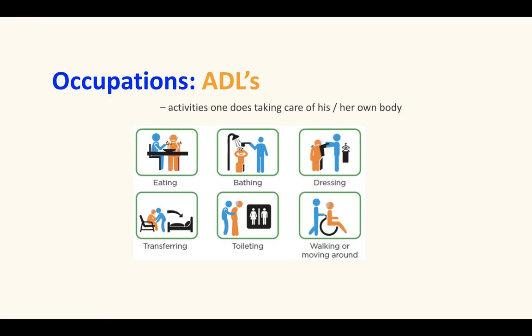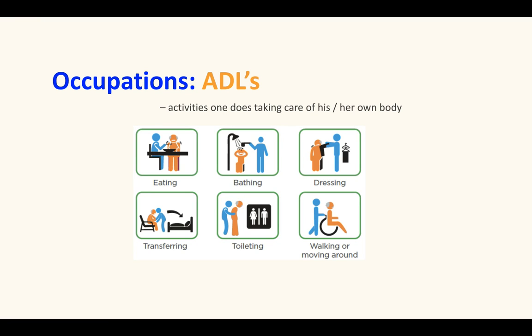Bathing or showering, dressing our body or undressing our body, transferring, moving from one location to another, or moving an object from one location to another, toileting, and then walking around or moving around if you are in a wheelchair or another personal device.